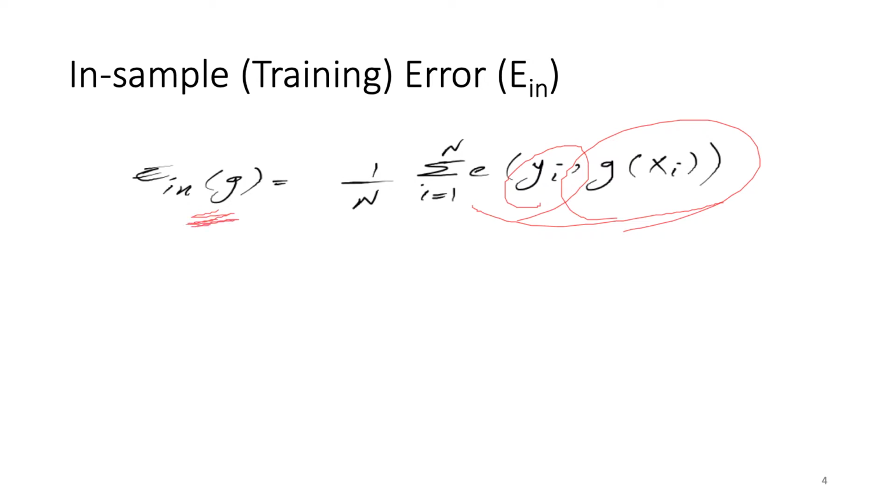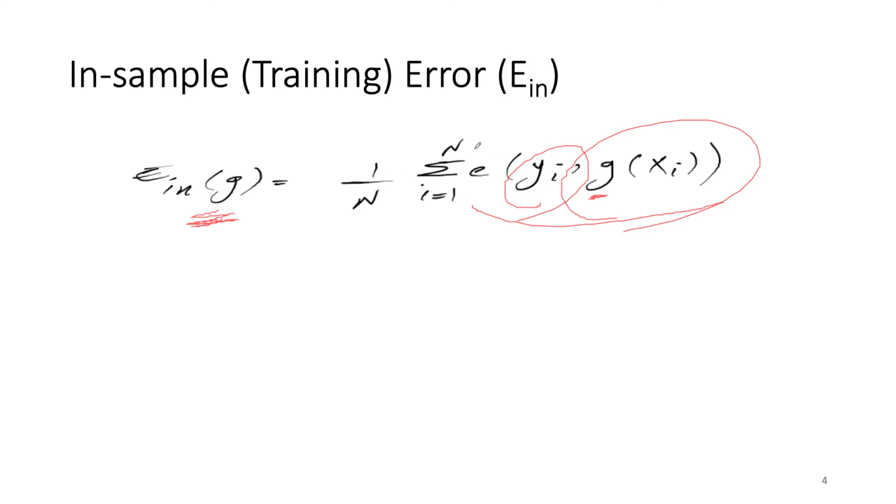Say your final g that you picked, you were trying to see its performance and find its accuracy. For those cases where your yi wasn't equal to g of xi, that was your final hypothesis and that was the true label, so you had one pairwise error.